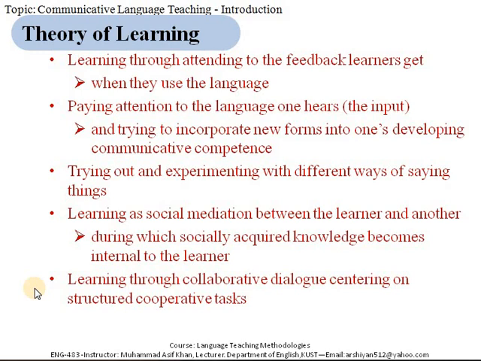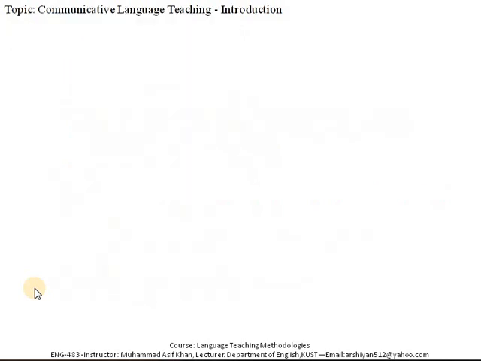This is all about the introductory lecture on communicative language teaching. In today's lecture we have discussed why there is a need for new methods in teaching and learning of the English language, and then we discussed the history of the CLT method, and after that initial discussion we had a detailed discussion on the theory of language of CLT and the theory of learning of CLT.